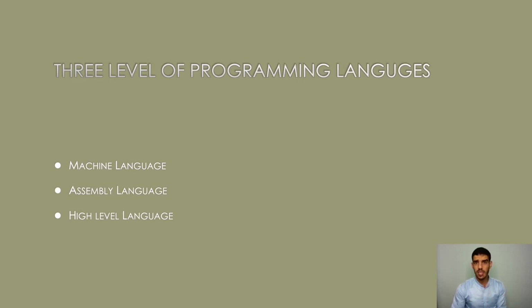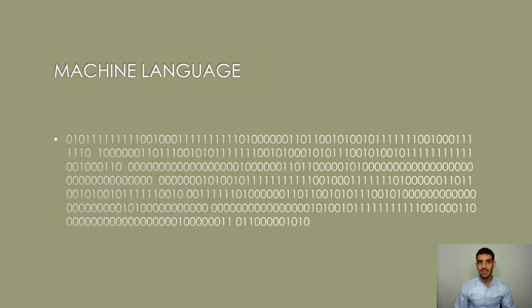So machine language, as I said, is zeros and ones. Imagine that we are going to show on the screen "hello world" for the user. If you are going to use machine language, it would look like this. Imagine that you have to write all this code to print "hello world" on the user's screen.